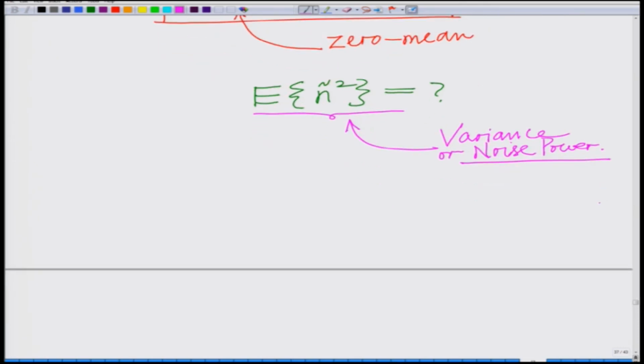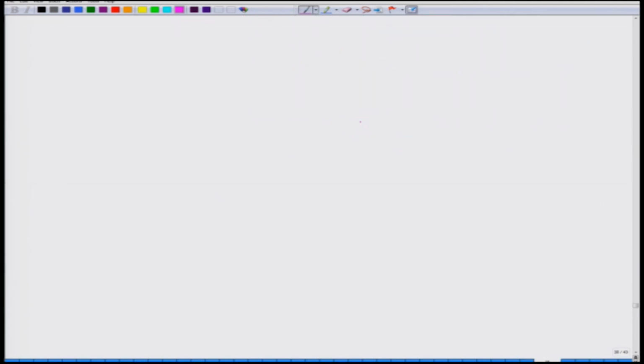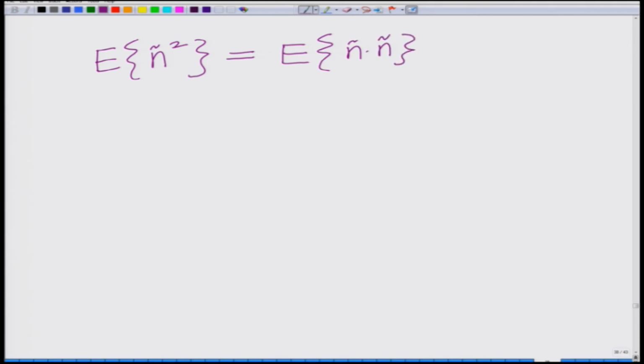To do that, let us compute the expected value of n tilde square. I am going to write this as the expected value of n tilde times n tilde, just for the sake of convenience, because it helps me.